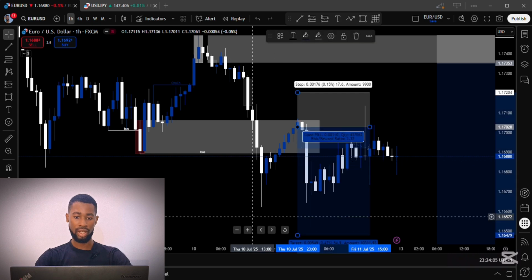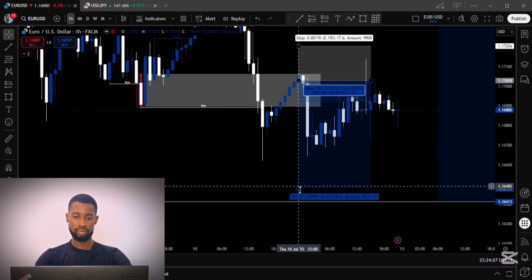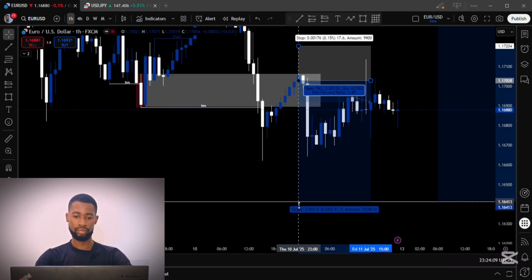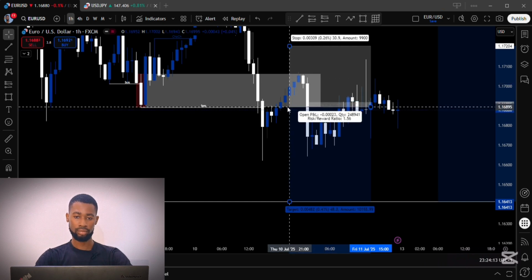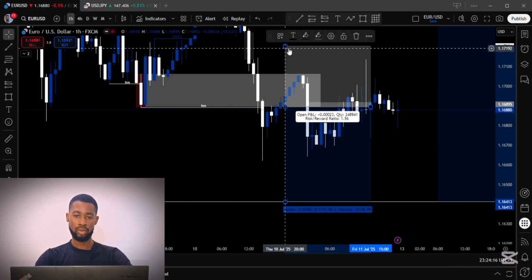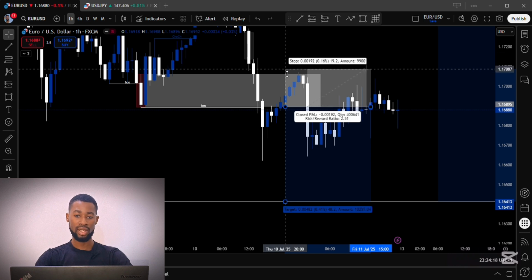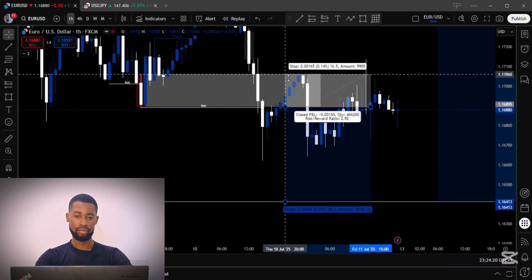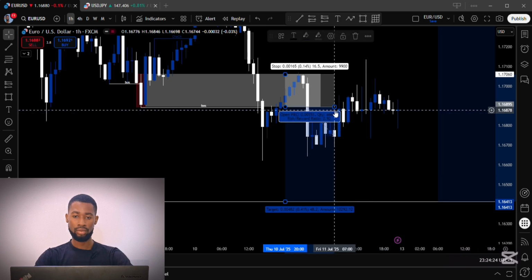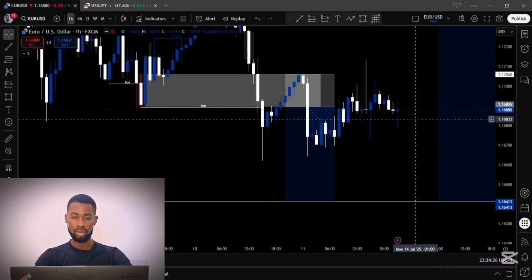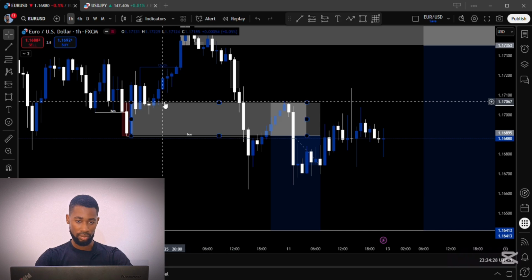So take profit down to this point here, entry here, stop loss. I put my stop loss exactly at the fractal high. And now, what do you see?